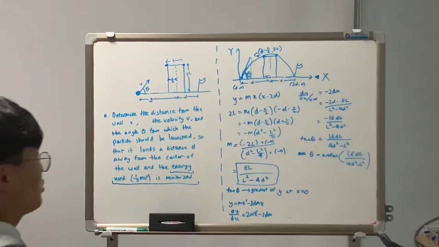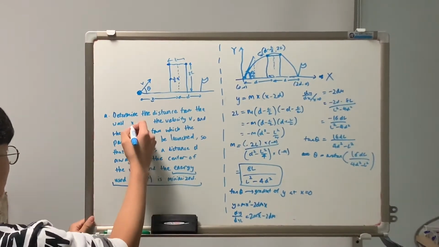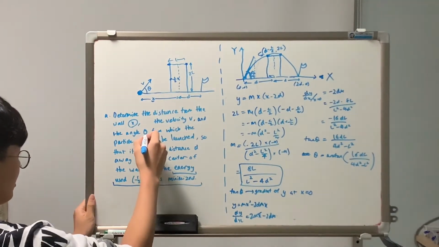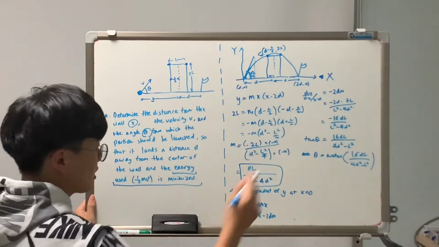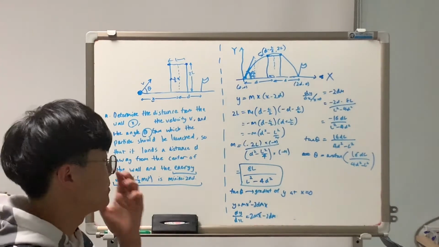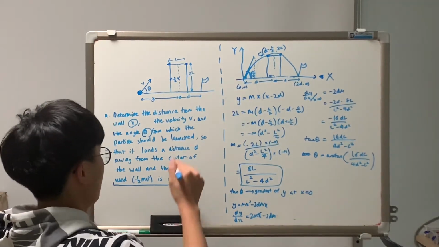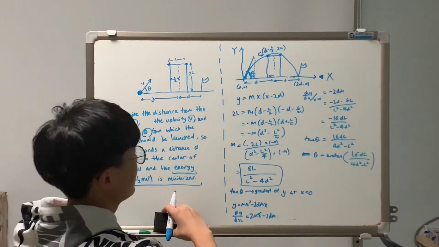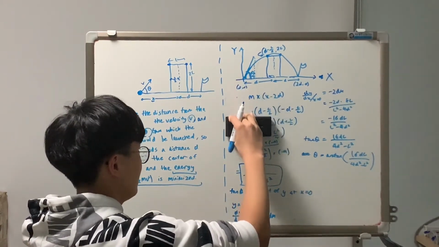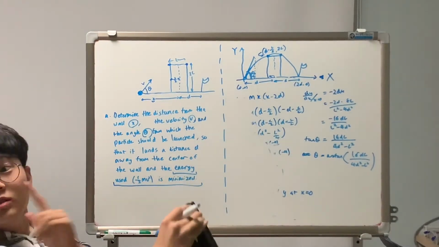Okay, so what did we do up until now? We got x over here, we got d, and we got theta over here as arctangent 16 dL over 4d squared minus L squared. Okay, so that's done, and now the only thing left here is v. So let's erase all this.